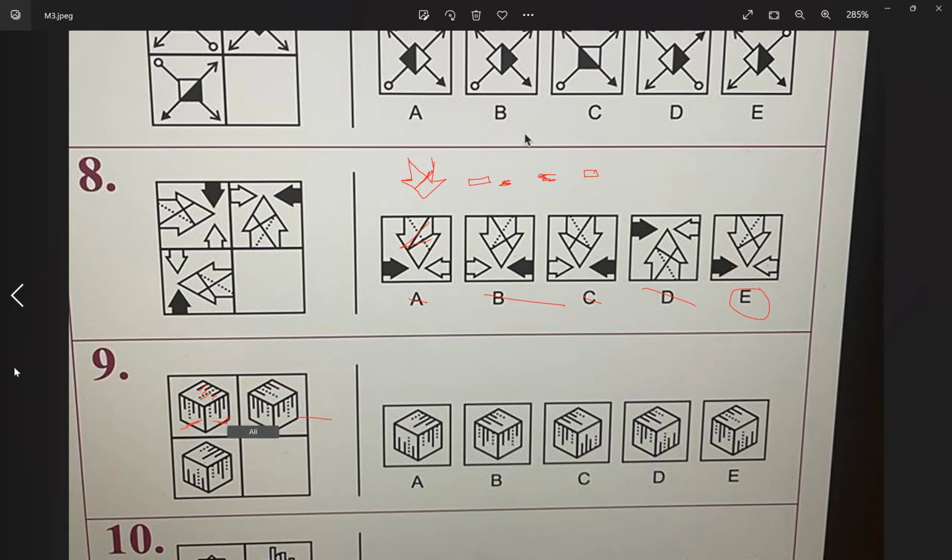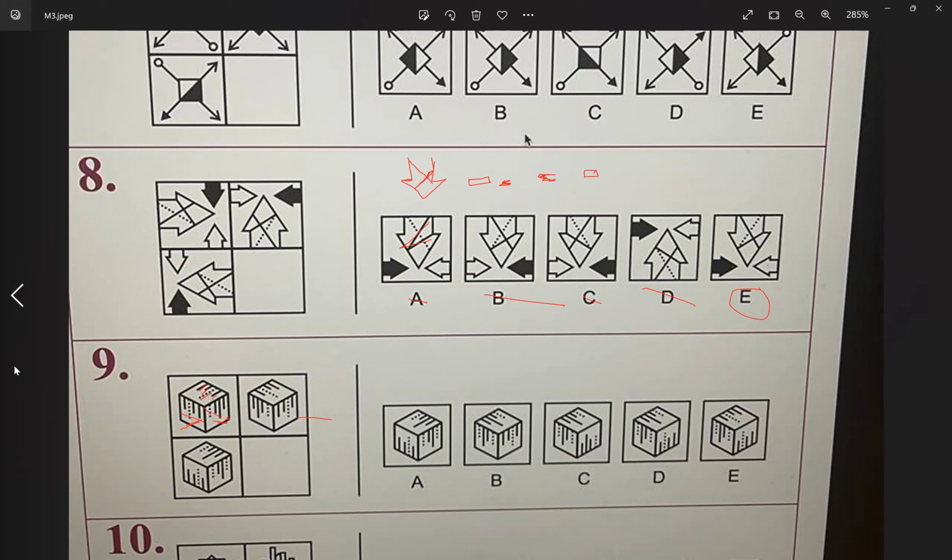So this one will go here and this one will go here. Okay, now do the same thing here.